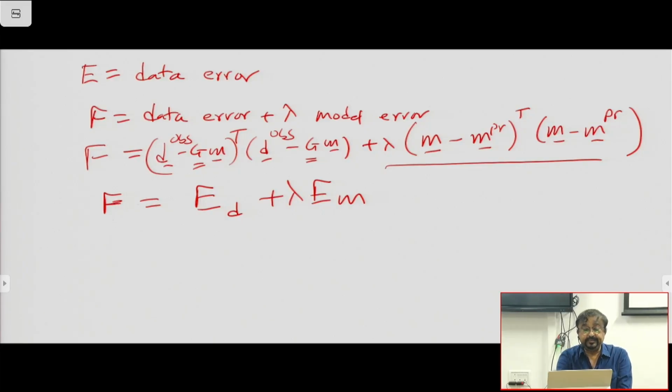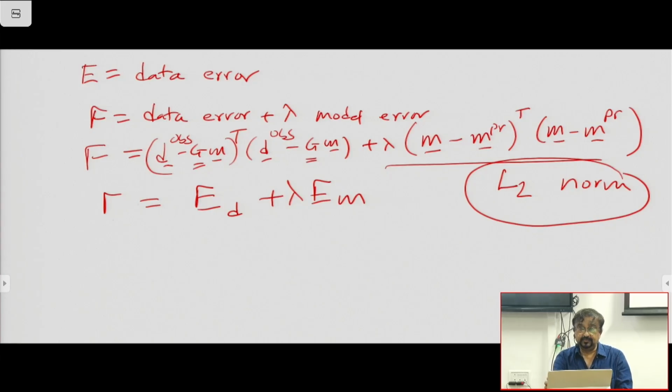So both ED and EM, I have written as L2 norm, right? But they don't have to be L2. If you want, you can make this one L1 or that one L1. First of all, let's say that I want an L1 norm of the data.